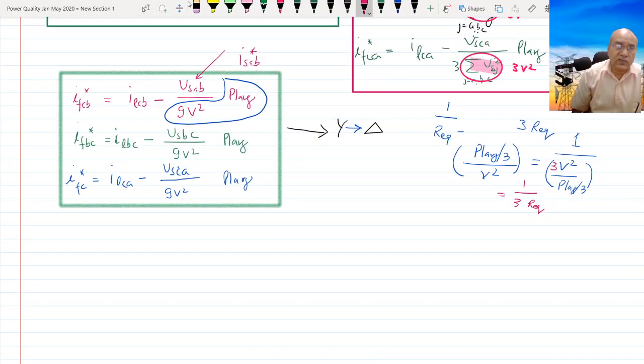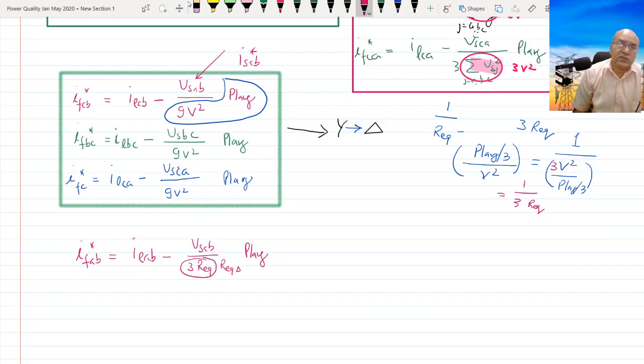If you want to simplify further, then you can write IFAB star equal to ILAB minus VSAB by 3 R EQ, or you can say this is the R equivalent for delta, R equivalent delta into PL average.